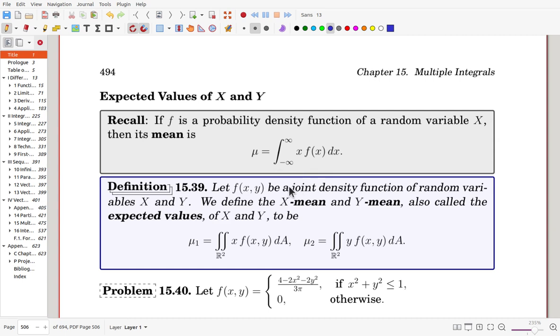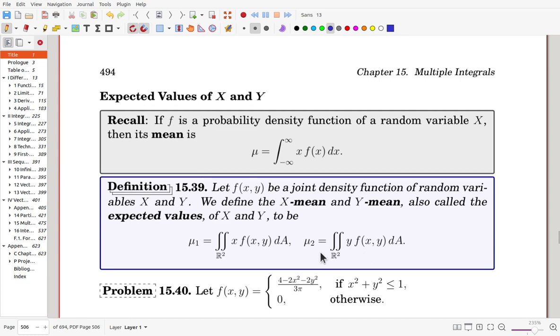Similarly, we define the mean in the x direction and in the y direction. So we say that is the x mean and the y mean. Really similarly, we define it. Now, mu1 is the double integral over the whole plane of x times the joint density function f, and mu2, the y mean, is the double integral over R2 of y times the joint density function.